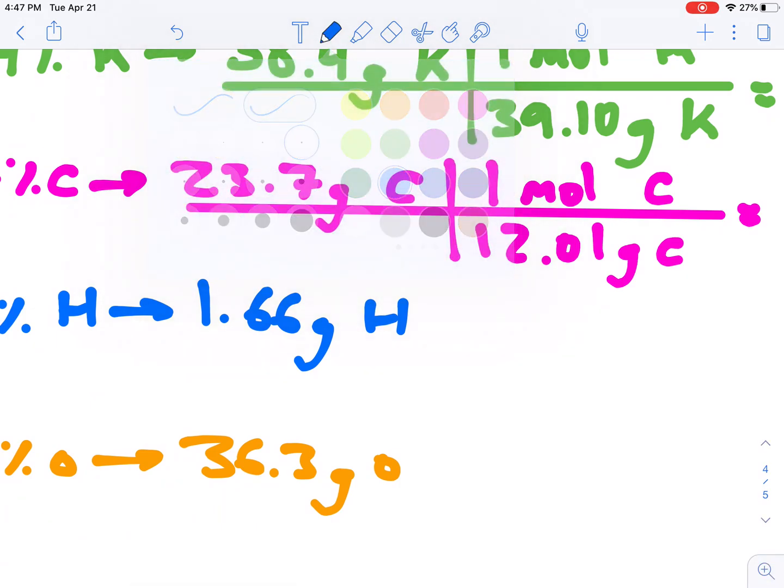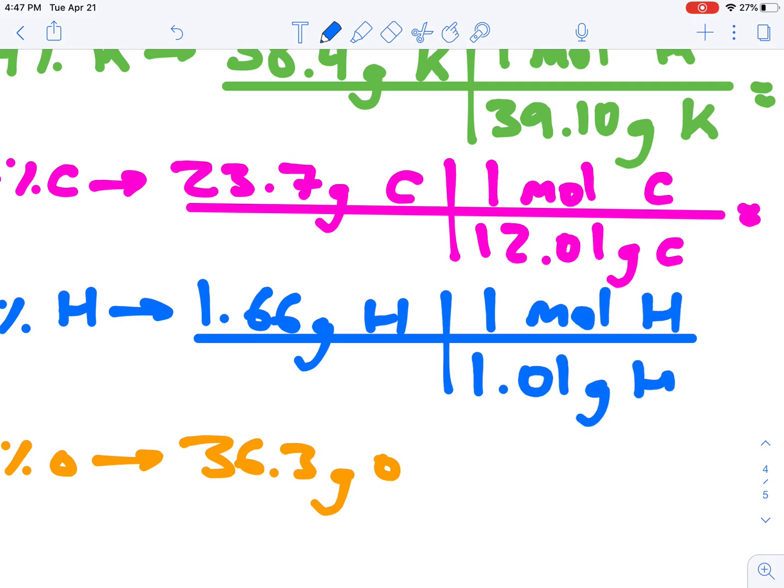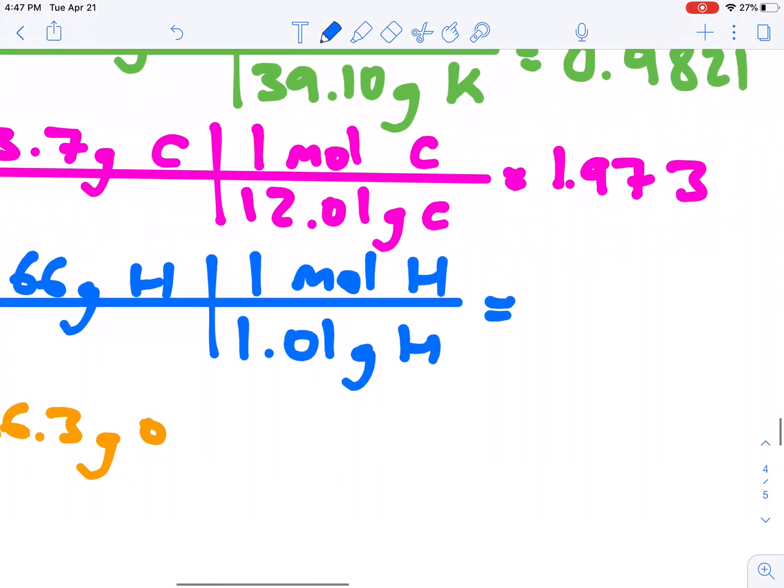For hydrogen, hydrogen has a molar mass of 1.01 grams for every 1 mole. Do that math and you will get 0.9821. Excuse me, that is the number for potassium.